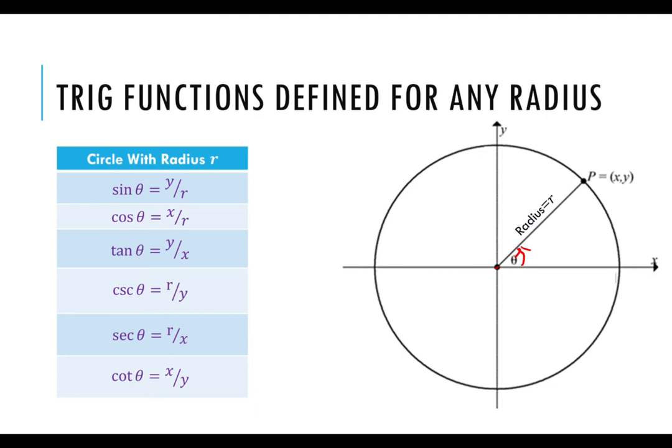Cosine of theta will be equal to the x coordinate divided by the radius r. Tangent of theta is going to be equal to the y coordinate divided by x coordinate. Cosecant of theta is the radius divided by the y coordinate. Secant of theta is going to be the radius divided by the x coordinate, and cotangent of theta is going to be x divided by the y coordinate.